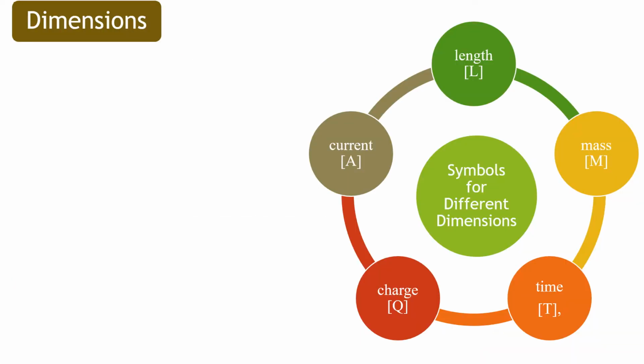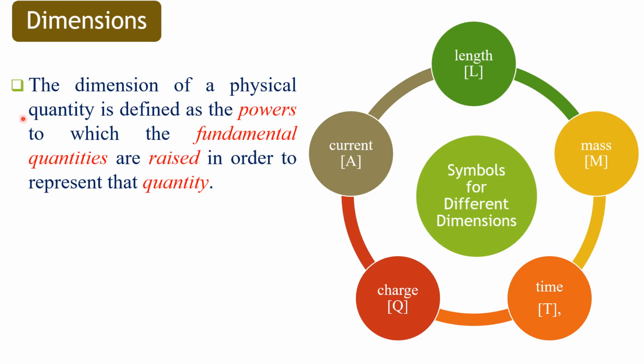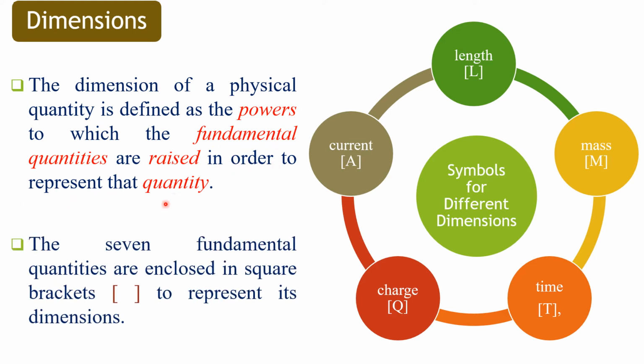Now we can define dimensions: the dimension of a physical quantity is defined as the powers to which the fundamental quantities are raised in order to represent the quantity. The seven fundamental quantities are enclosed in square brackets to represent its dimensions.